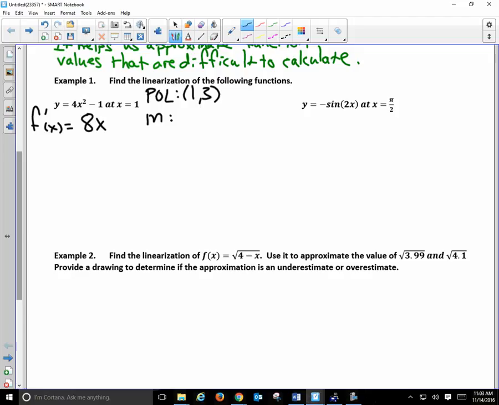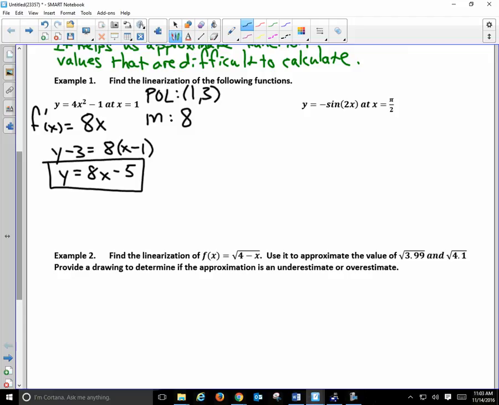Plug in 1 and we get 8. So therefore, the equation for the tangent line is y minus 3 equals 8 times x minus 1. Or y equals 8x minus 5. That's your answer. That's the linearization at x equals 1.